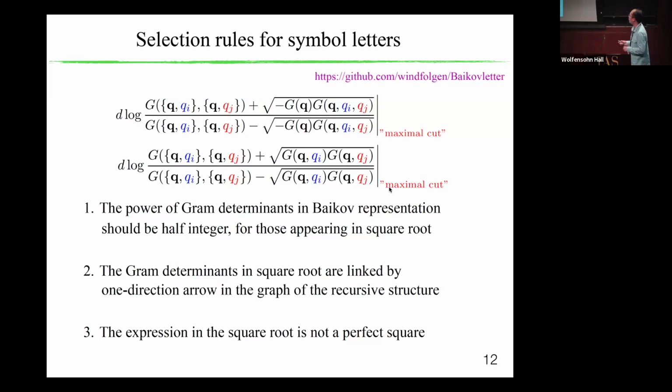And finally, we should impose that it is not a perfect square. Of course, otherwise it will be rational. Okay, with these three criteria, we can construct all of the irrational letters, and we wrote a Mathematica code, and you can find it on GitHub.